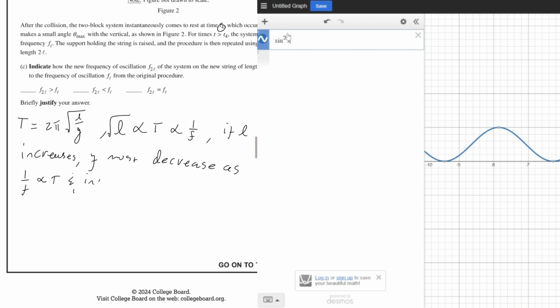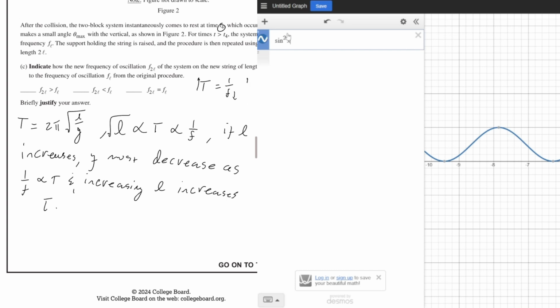And increasing L increases T. And that makes sense, doesn't it? Right. So, because if I have this T that's increasing, and it's equal to 1 over F, in order to make this number bigger, I have to make this number smaller, because if I'm dividing by a small number like 0.02 as compared to 0.2, I have more dividends that I can make, right?